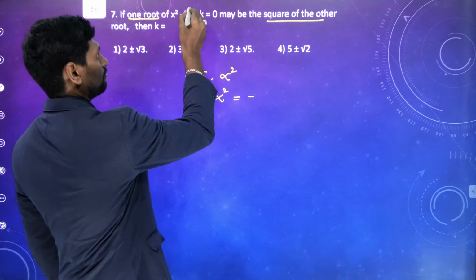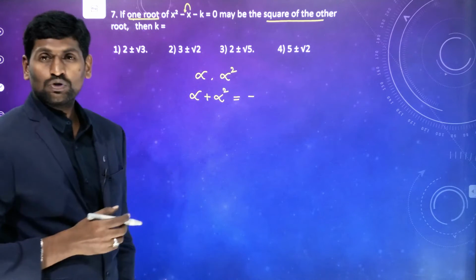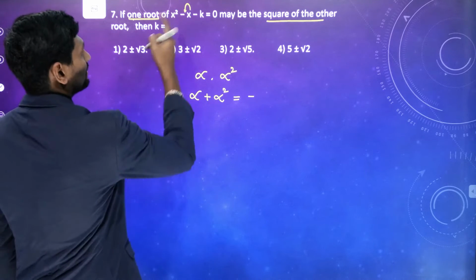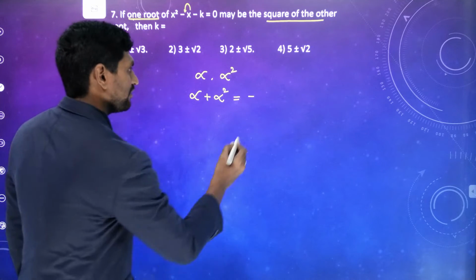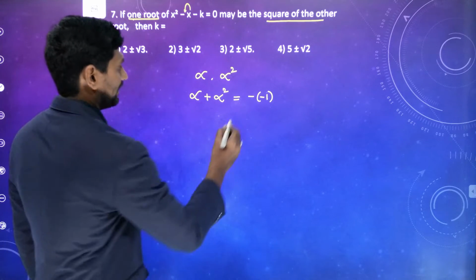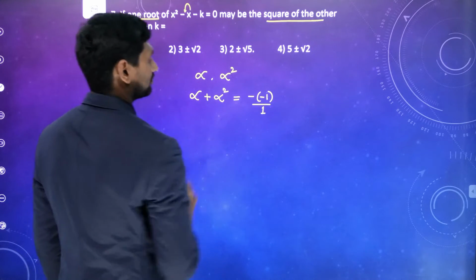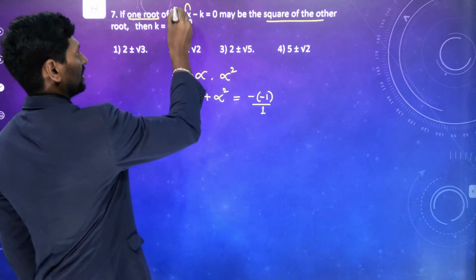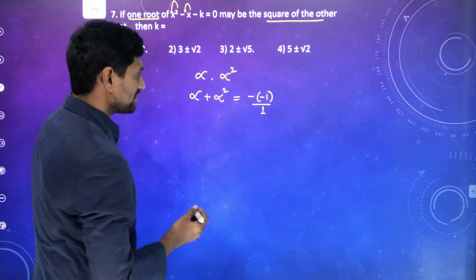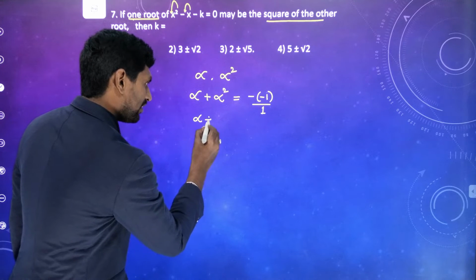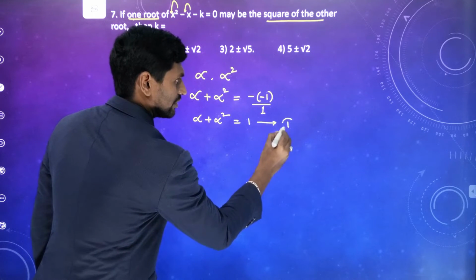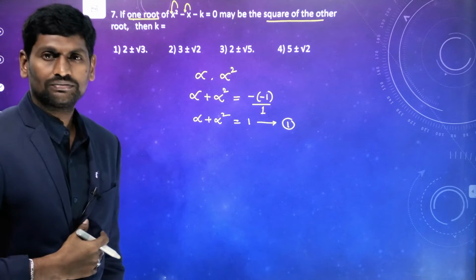Before x there is no number, that means it is 1, with a negative symbol, so b value is minus 1. So minus b by a, a value is 1, the x square coefficient here. Minus of minus becomes plus. So we can write alpha plus alpha square equals 1. Take this as equation 1.